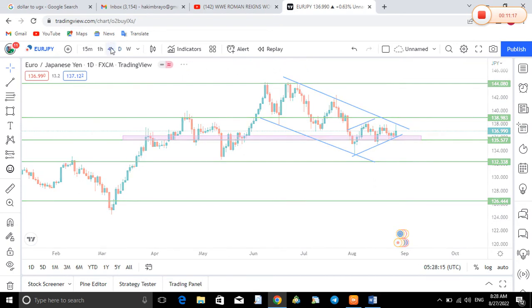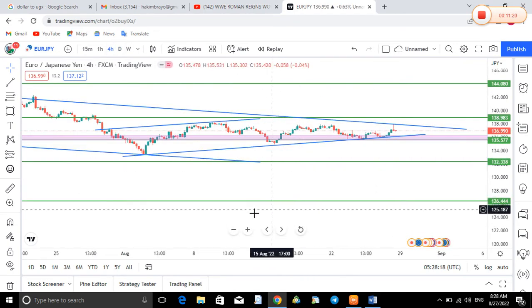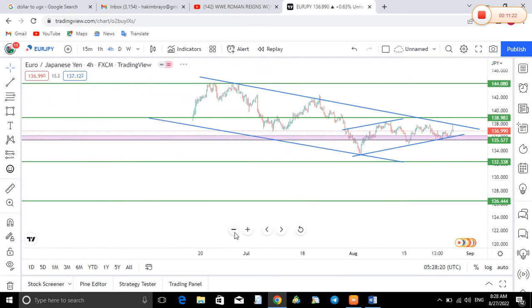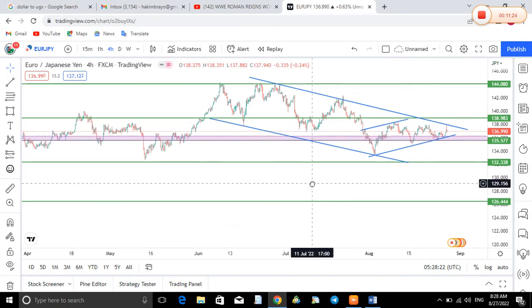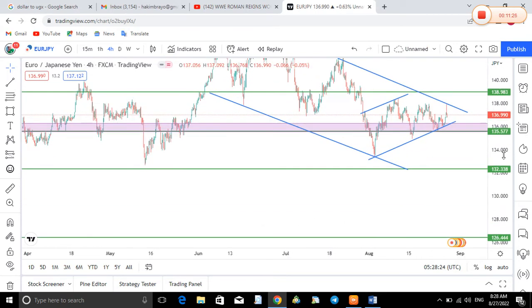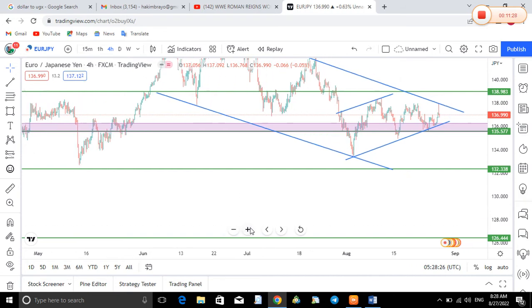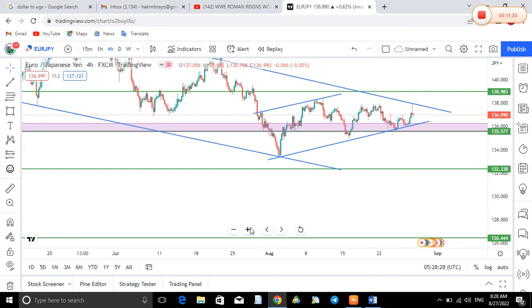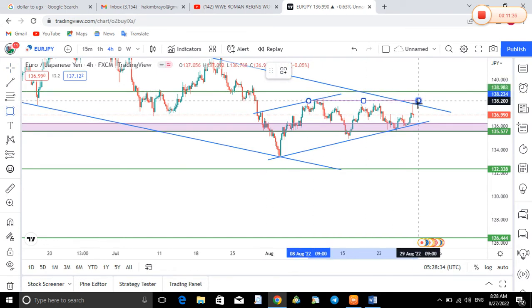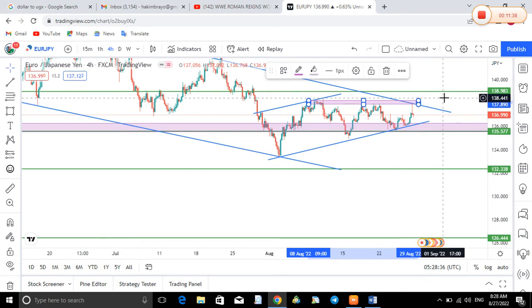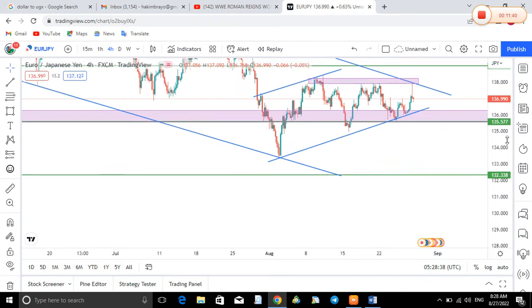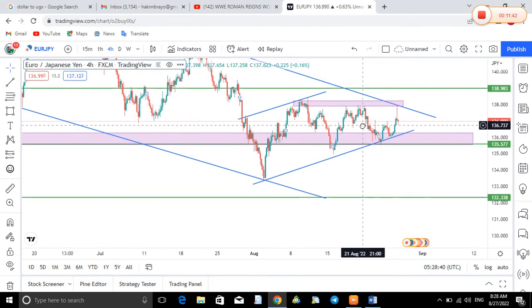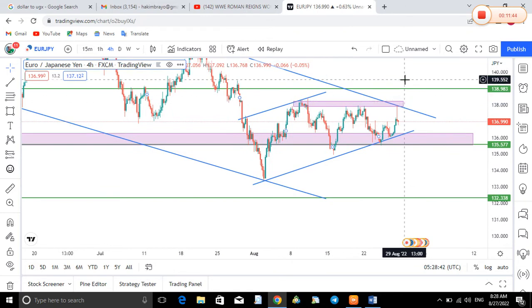Now if you go to my 4 hour time frame of Euro JPY, like I told you, we had a resistance on this level, and that's why the price didn't break out to go in a bullish momentum.